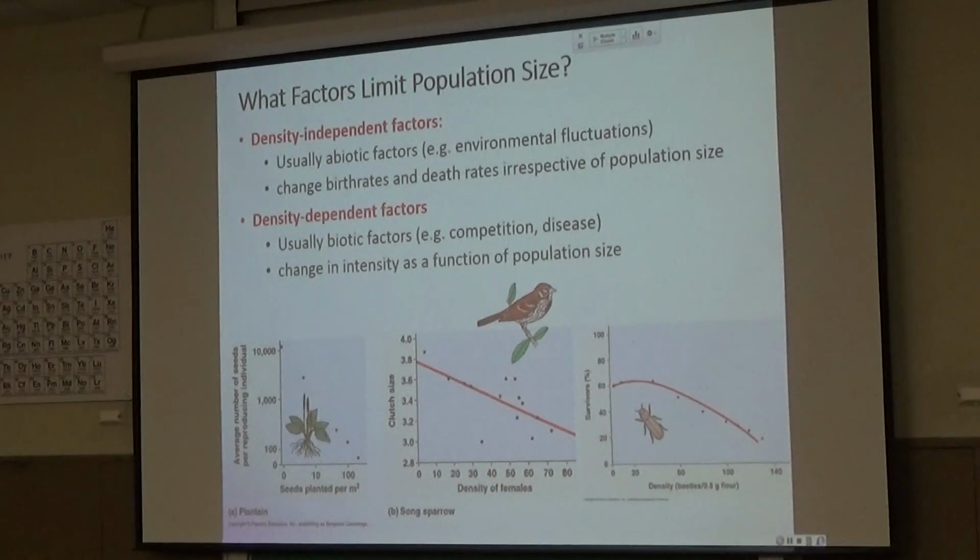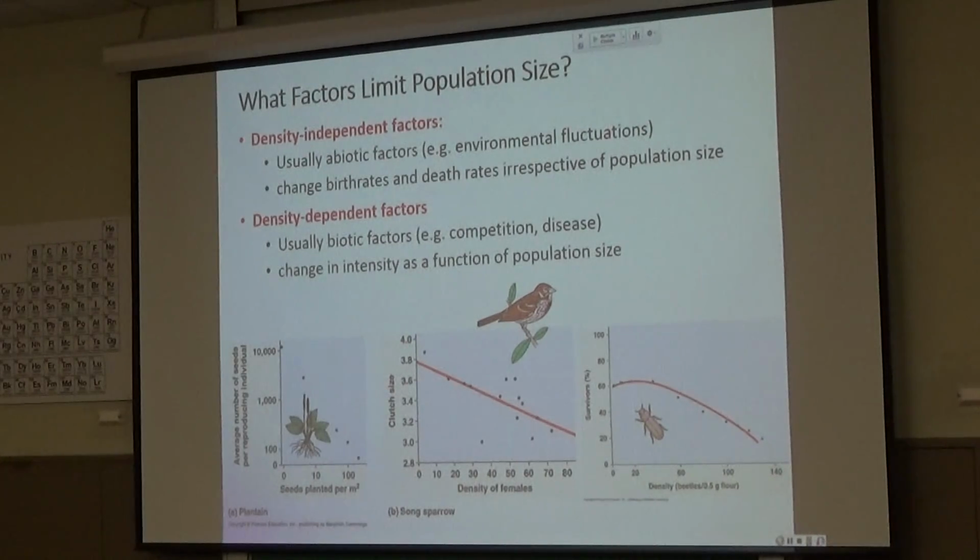Density independent means it's going to kill or limit births regardless of the population size. Think of natural disasters, for instance earthquakes or volcanic eruptions. They're going to kill a bunch of individuals, whether it's a small population or a large population.